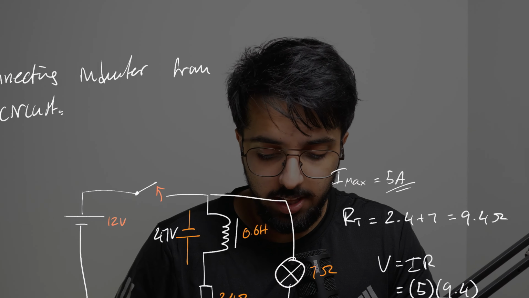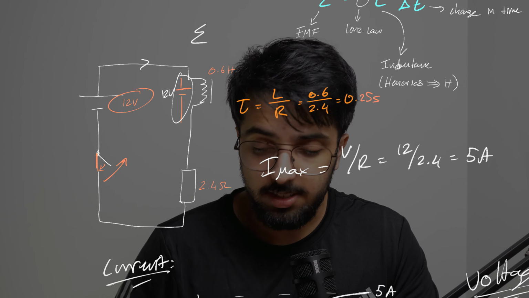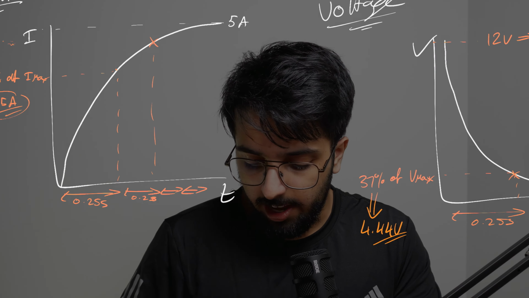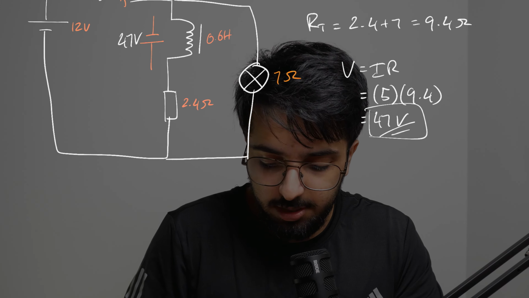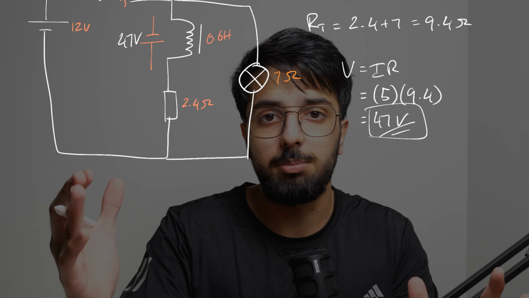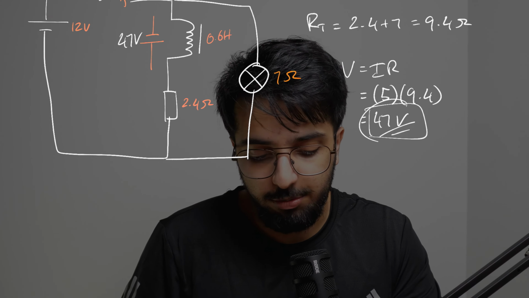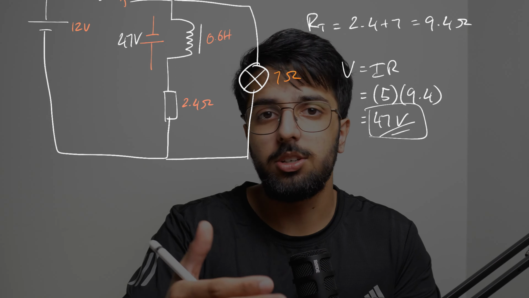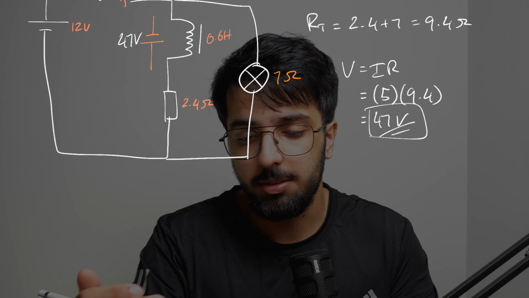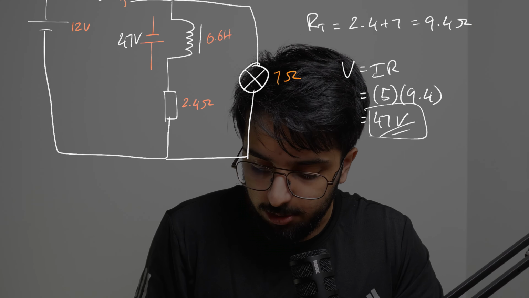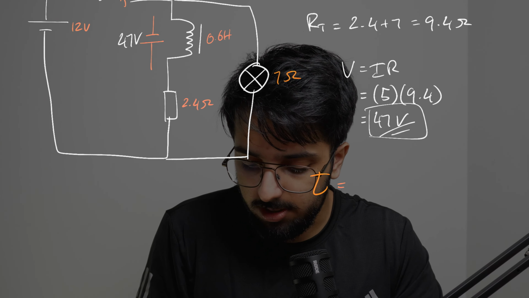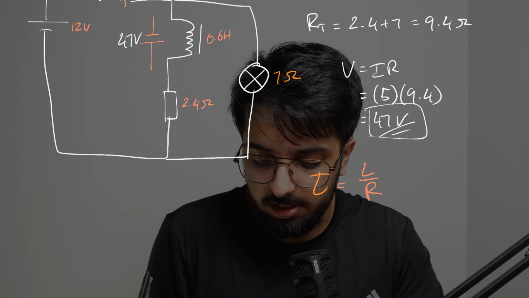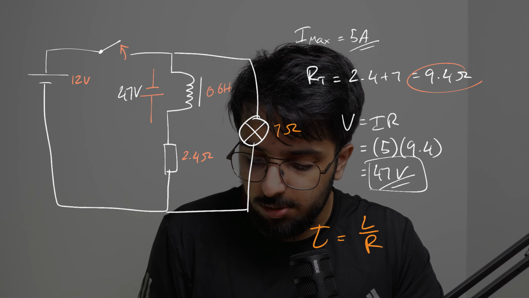But just like in this scenario, this EMF does not last forever. This bulb, which is initially going to be glowing pretty bright because our voltage is massive, is eventually going to fade and no longer be glowing. But we have a new time constant now, because we know our time constant is our inductance over our resistance, and our resistance value has now changed.